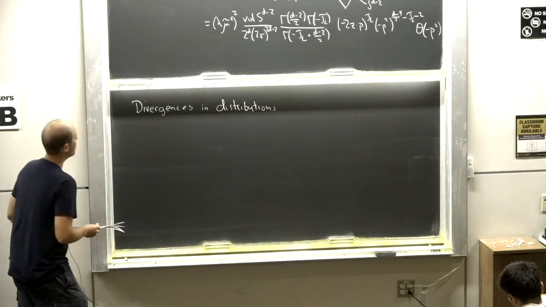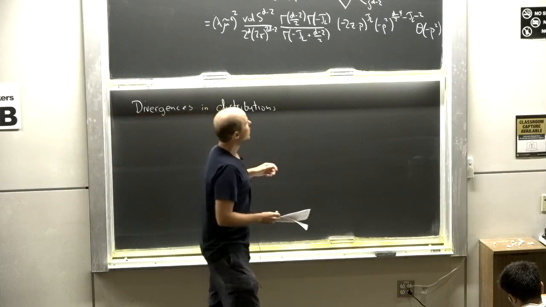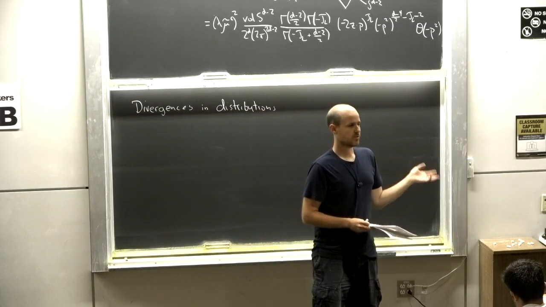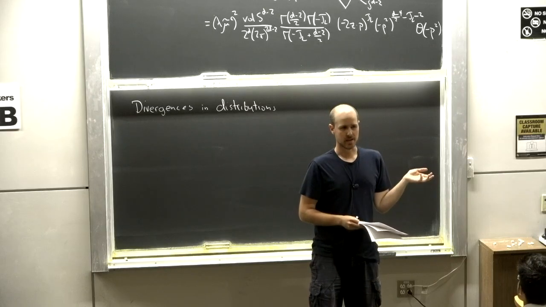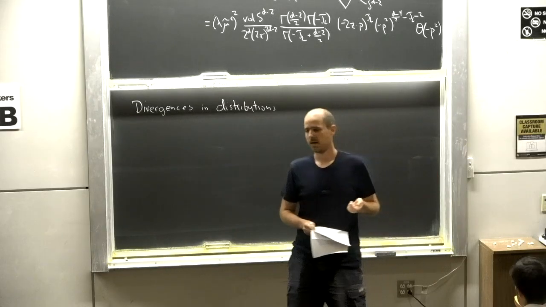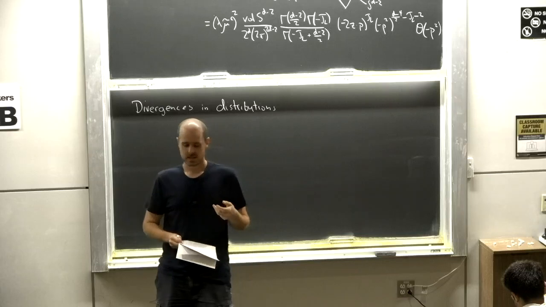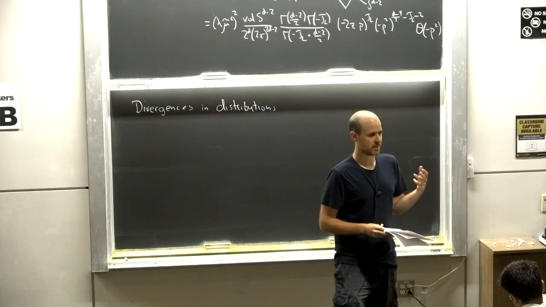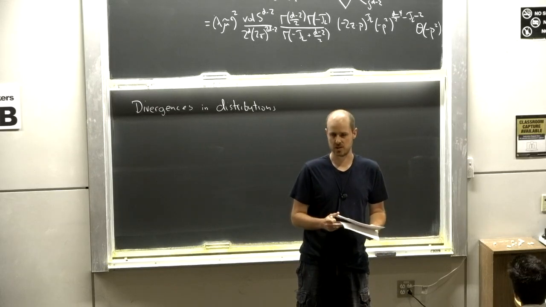All right? So why do we care about distributions? Well, correlators in QFT in Lorentzian signature are distributions. That is their role in life. This is a stronger requirement than just thinking about them as functions. They actually have to make sense when you integrate against test functions.